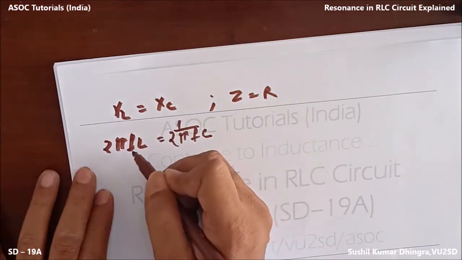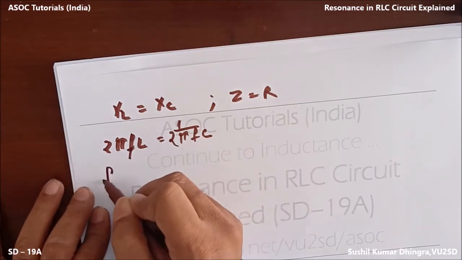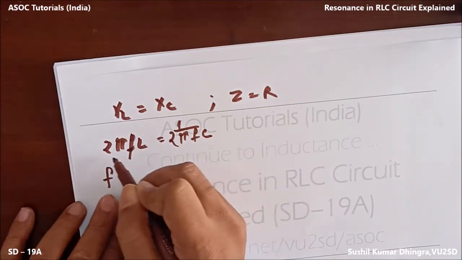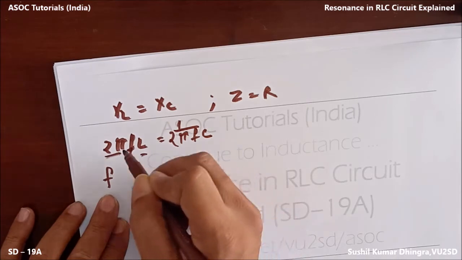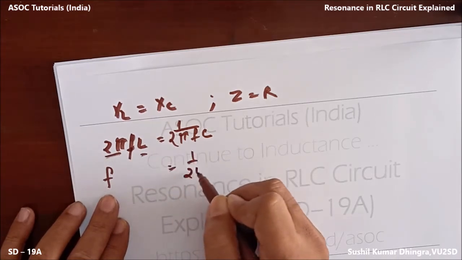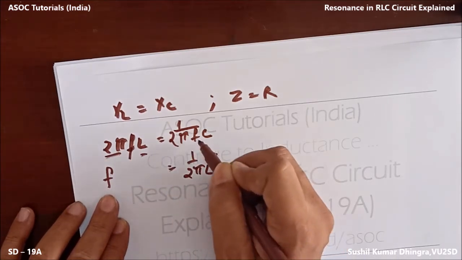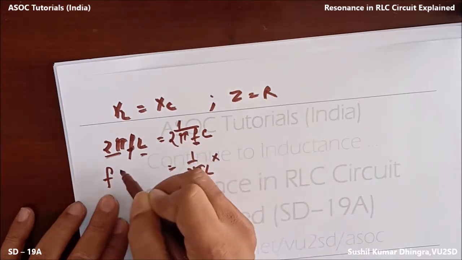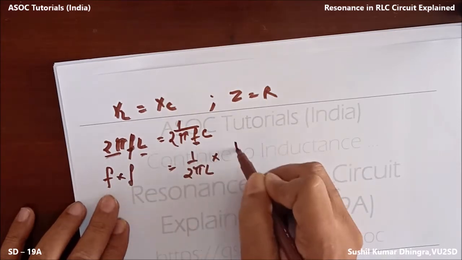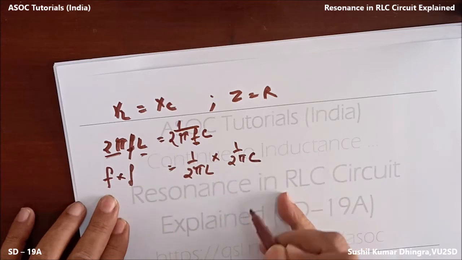Just see, if you bring F outside, then 2 pi and L will go down, and downside 1 by 2 pi L. In the same way, this F you take to the left, into F, and the remaining 1 by 2 pi C will come here.